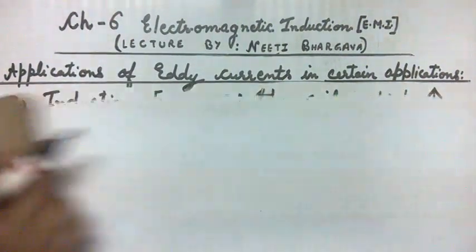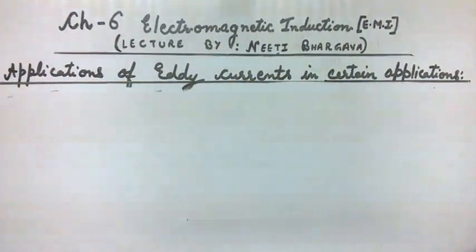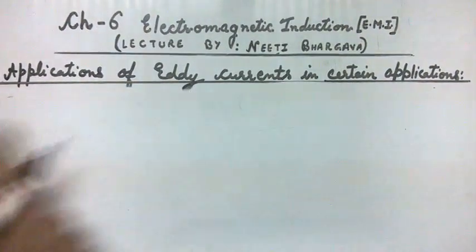Next one is electric power meters. We use it in electric power meters that are of analog type.